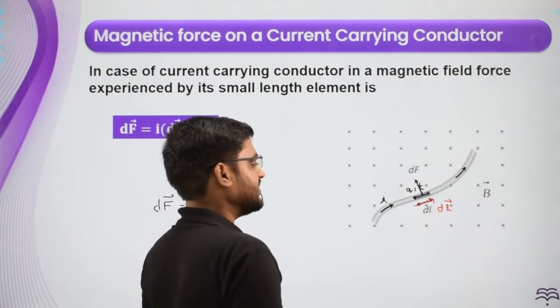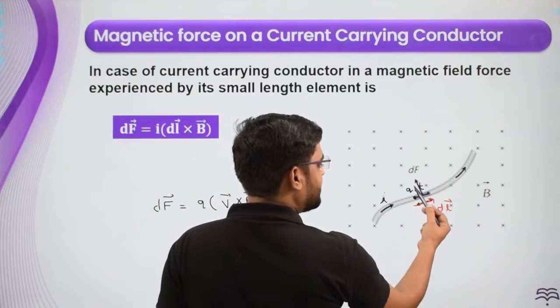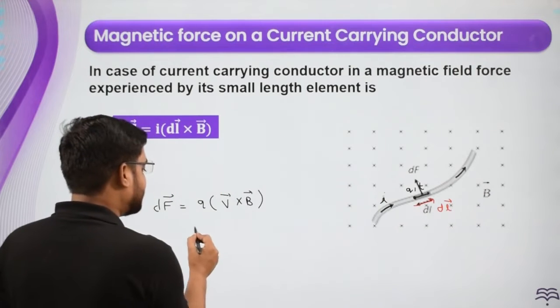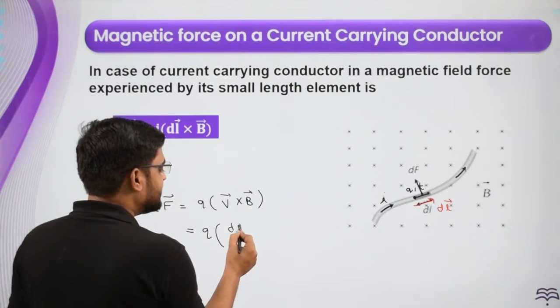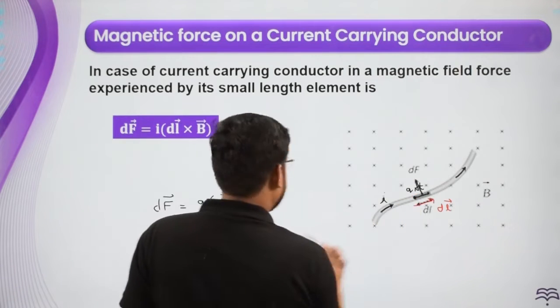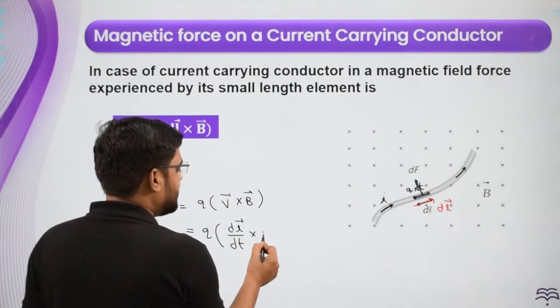Velocity is the distance traveled, which is dl, divided by the time taken, which you can take as dt, and the direction is the same as the dl vector. So it is dl by dt, cross B vector.